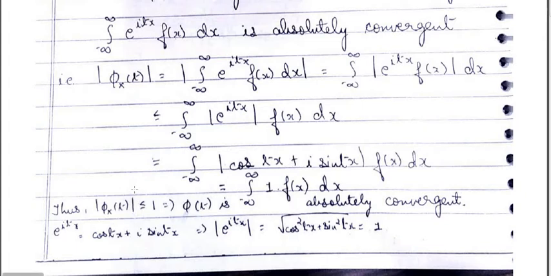Because the modulus of phi_X(t) is less than or equal to 1, which implies that phi(t) is absolutely convergent, and e raised to itx is equal to cos tx plus i sin tx. As I already told you, the modulus of e raised to itx is equal to under root cos square tx plus sin square tx, which is equal to 1. Right? So that's why this value will become 1, f(x) dx.